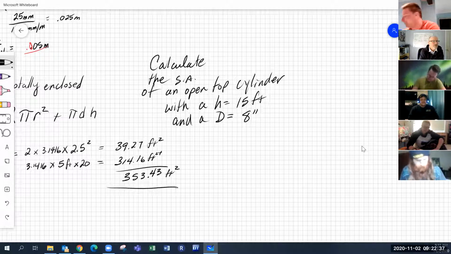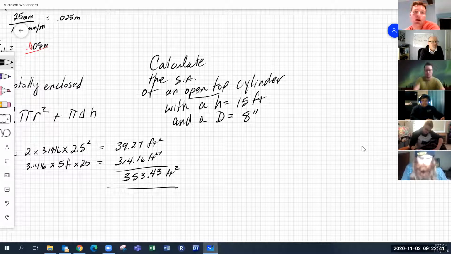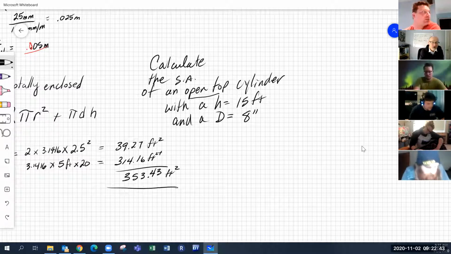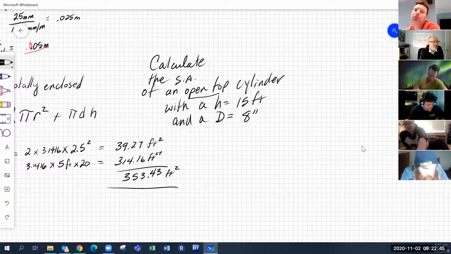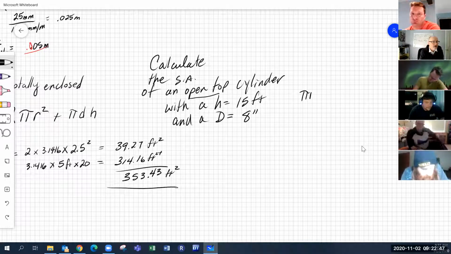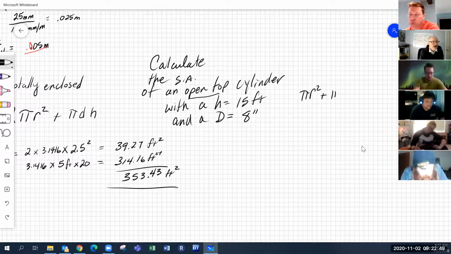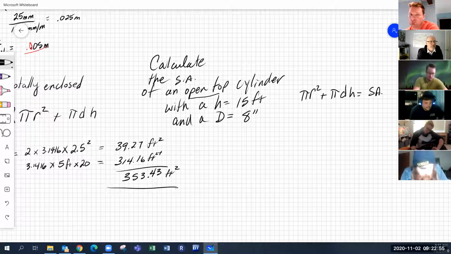Now, I always start with my formula. So this is an open top cylinder. The formula for an open top surface area of a cylinder is pi r squared plus pi dh.